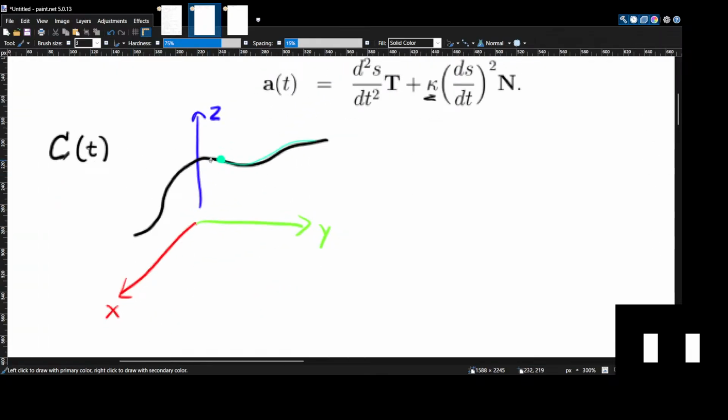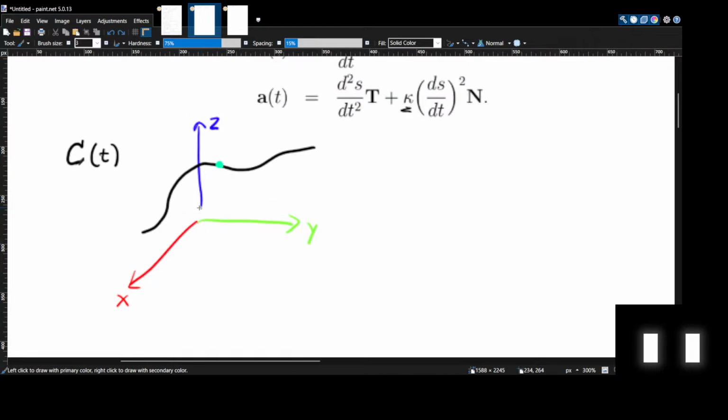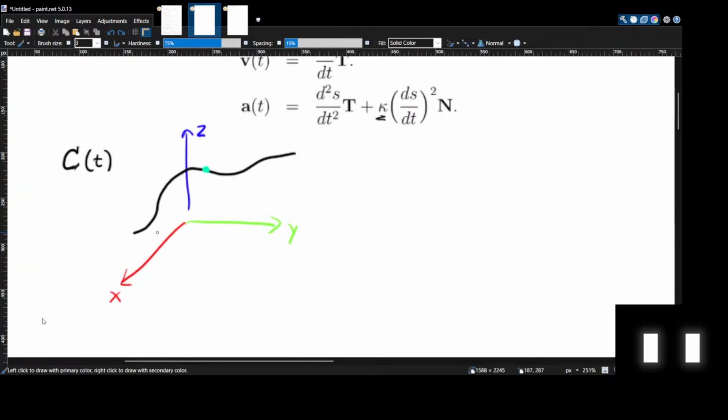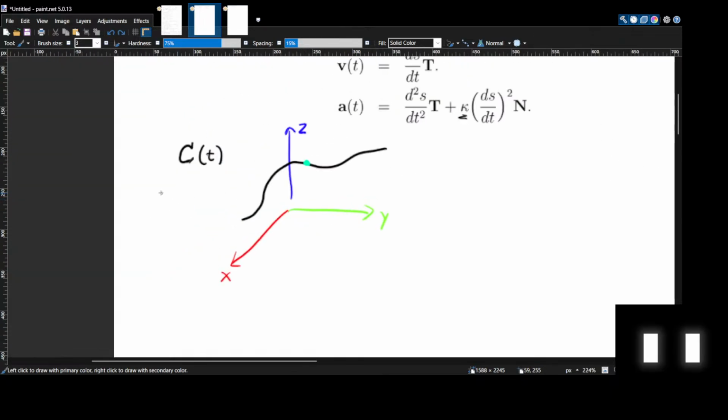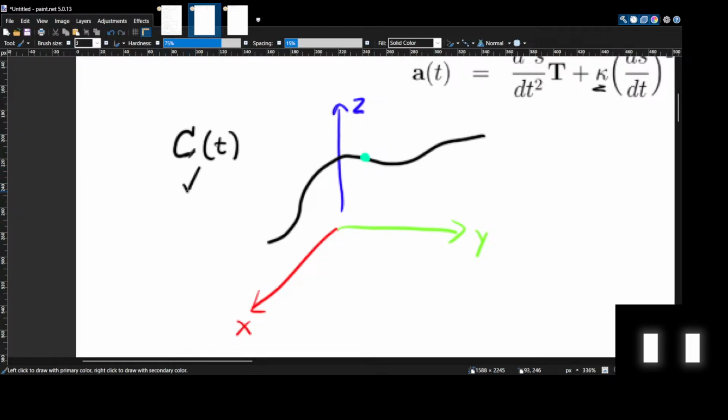The fact that the curve is smooth means that it is differentiable. So really, this curve just explains to us the position of a particle as a function of time.